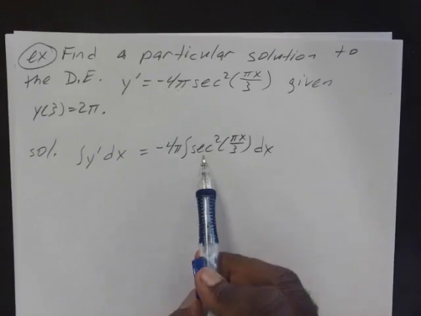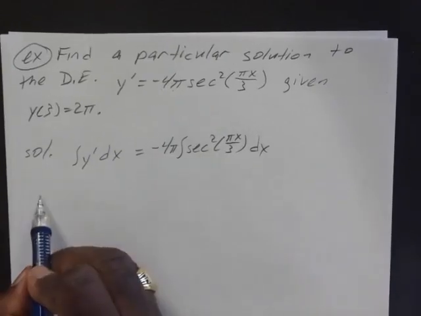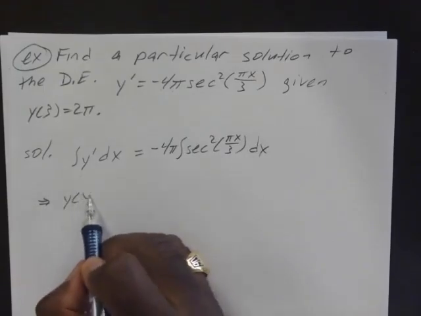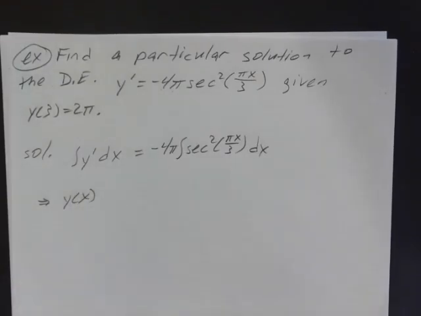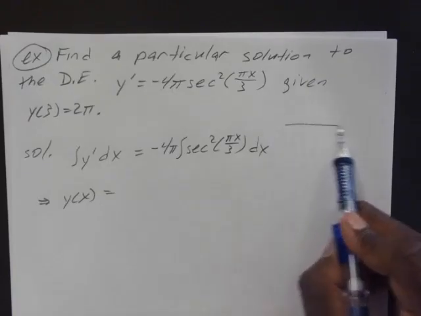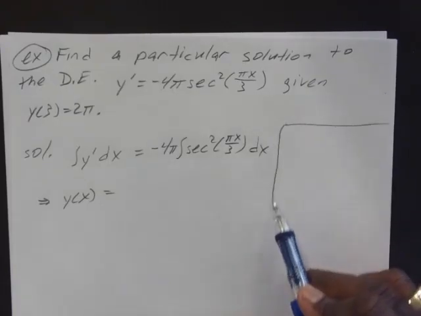Now we just have to integrate our secant squared, because on the left side, that's just our y of x.